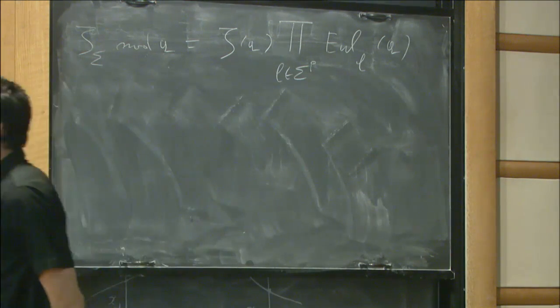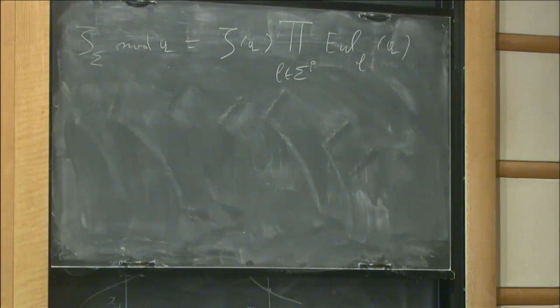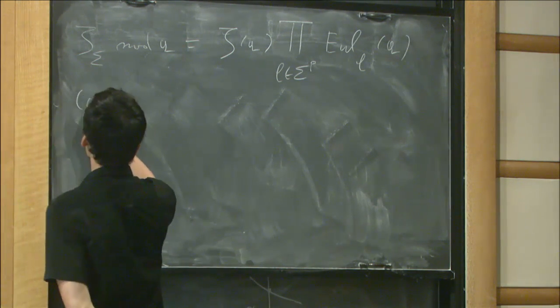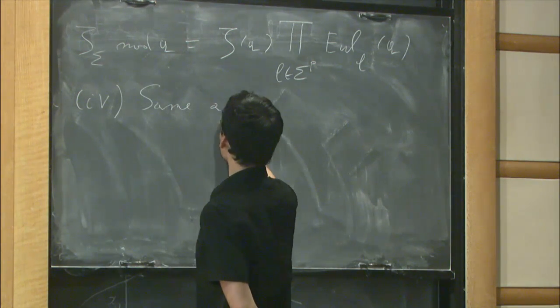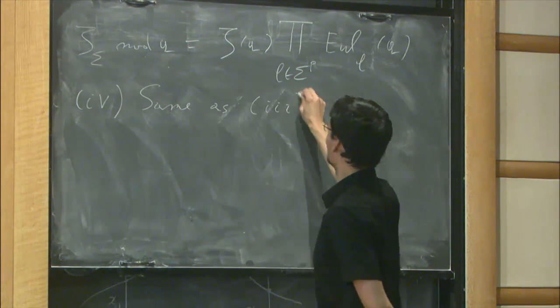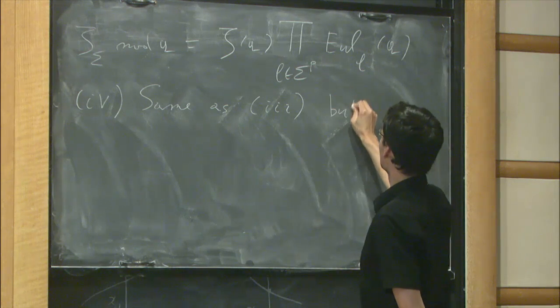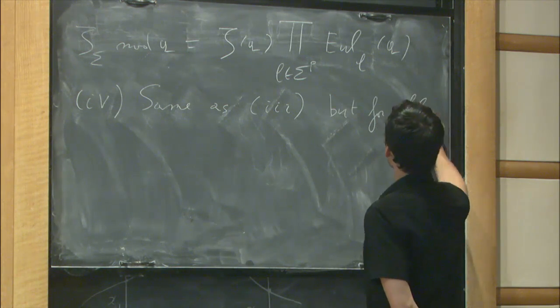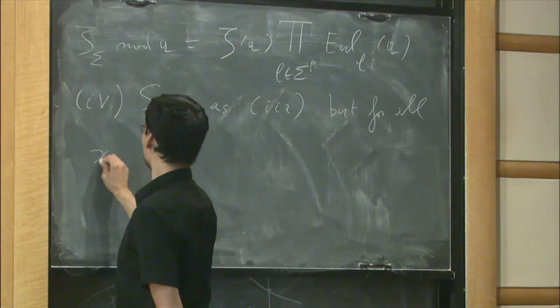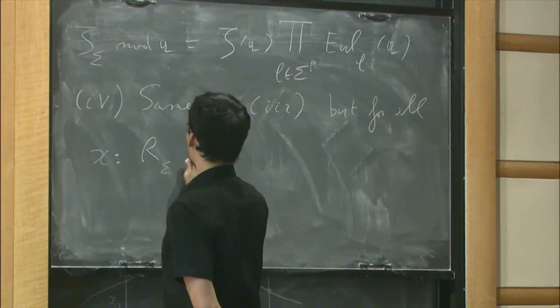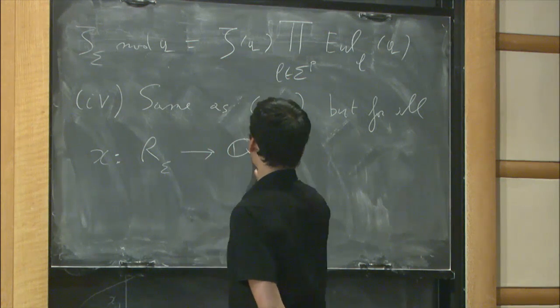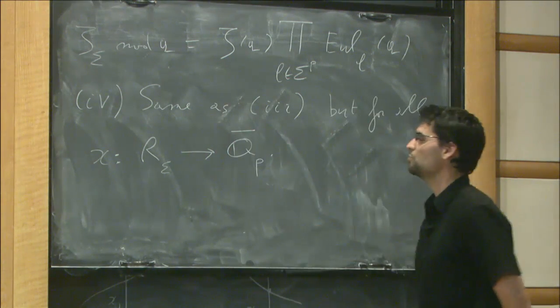But now if you actually read Kato, you will see that he puts condition 4. And condition 4 is the same as 3, but for all x from R_sigma to Q_p bar.